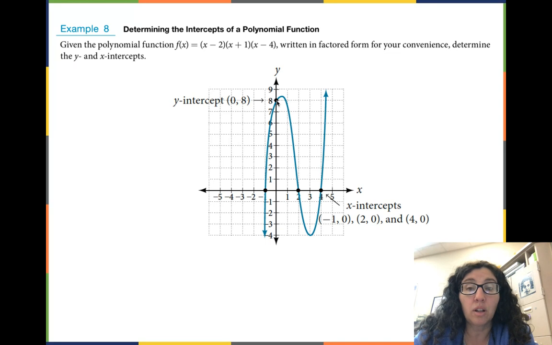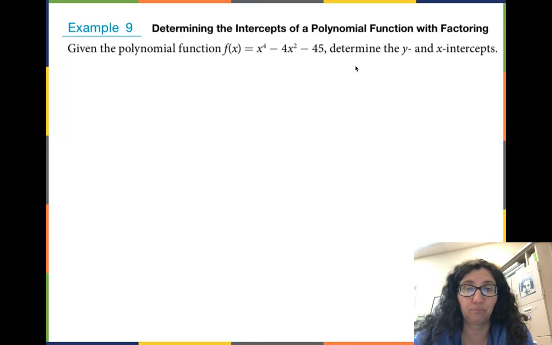How about finding the x-intercepts? Well, they happen when any of these terms equals 0, right? So that's going to happen at x equals 2, x equals -1, or x equals 4. And sure enough, we look at the graph, and that's where the x-intercepts are. In order to find the x-intercepts, we have to have it in factored form.